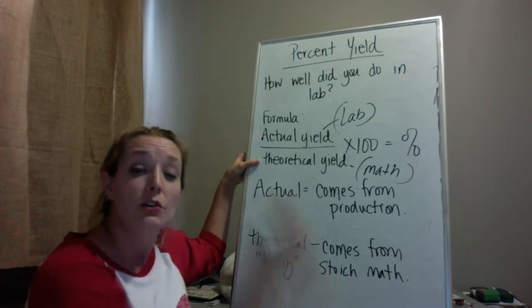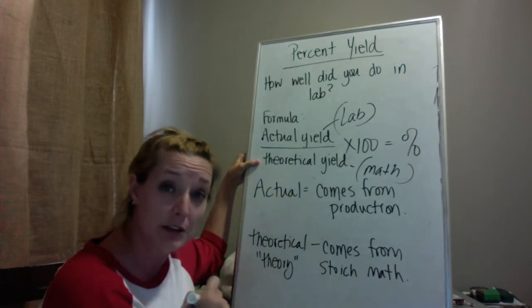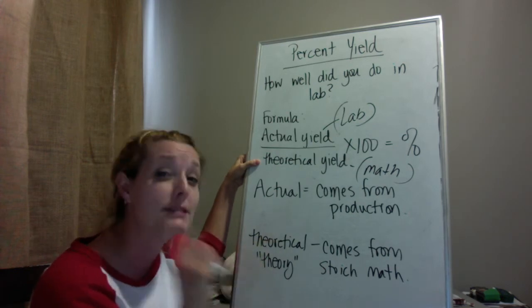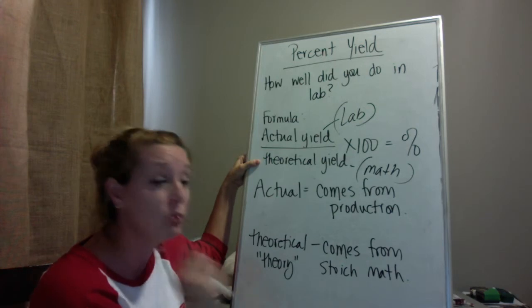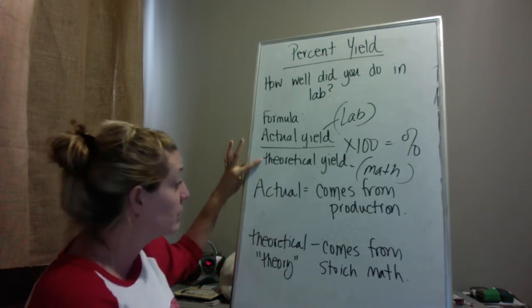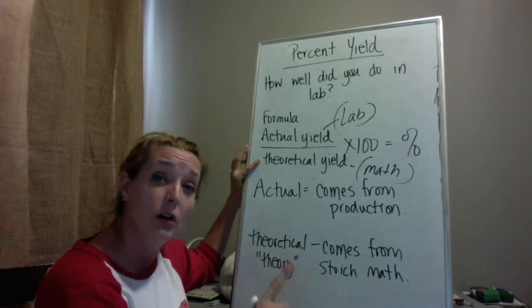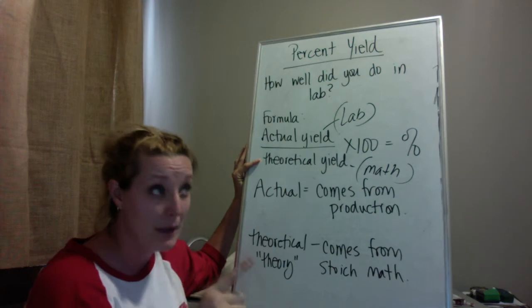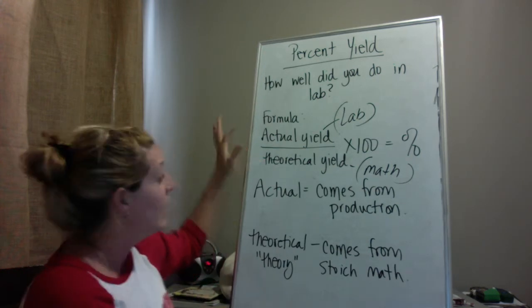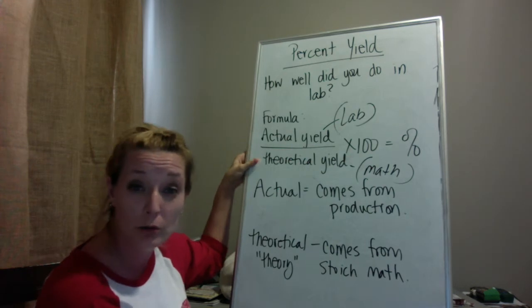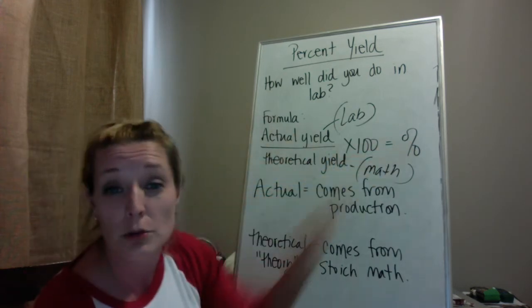Theoretical means you're probably going to have to calculate your theoretical given the information in your problem, using mass, or moles to mass, and a balanced equation. So your theoretical yield may be given to you in the problem, but more than likely you're going to have to calculate it via mass problems first. And then you just plug those in and divide. The actual divided by theoretical times 100 will give you your percentage.